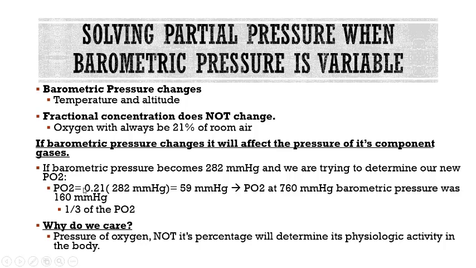So your pressure of oxygen equals that 21% times 282 millimeters of mercury. That drops the pressure of oxygen down to 59 millimeters of mercury. If this would have been 760, like the average, like what it should be, you're talking about 160 millimeters of mercury. So that's a very significant drop in the pressure of oxygen. It's 1/3 of what it should be.